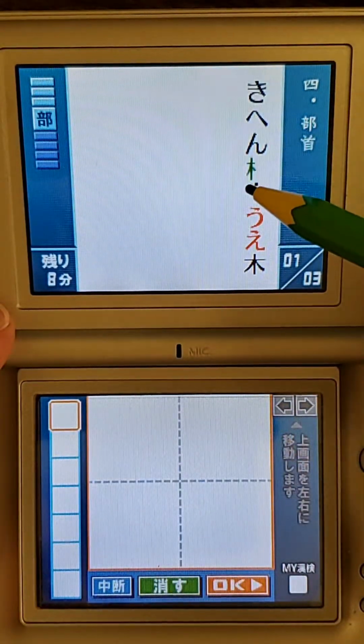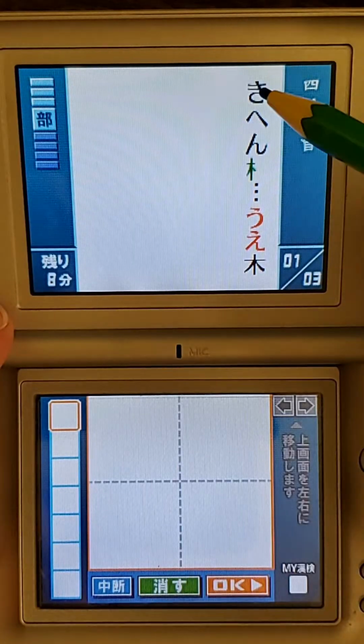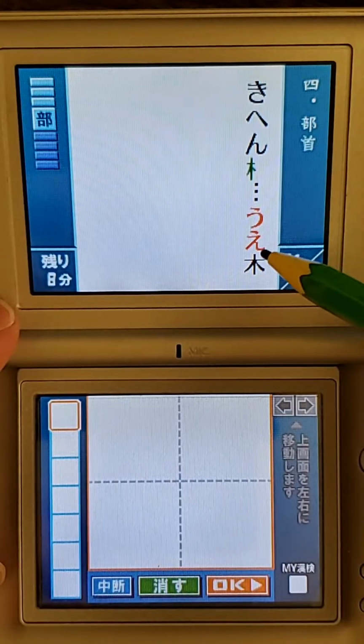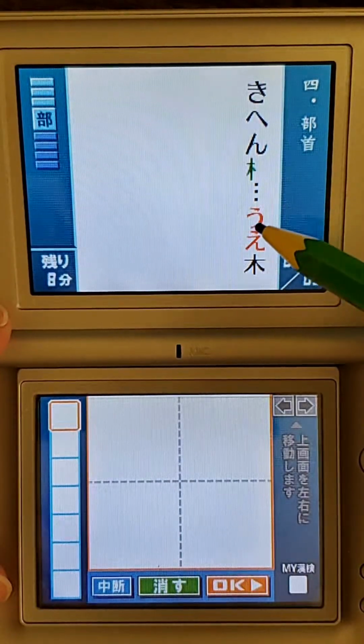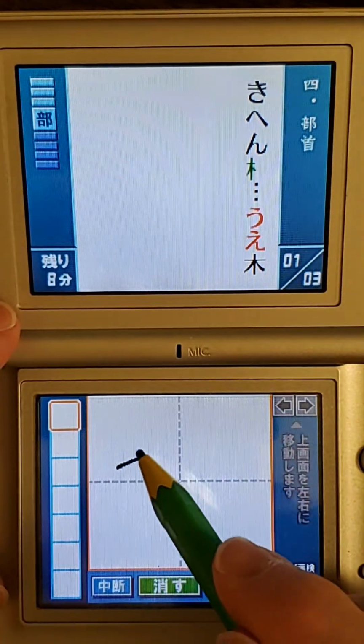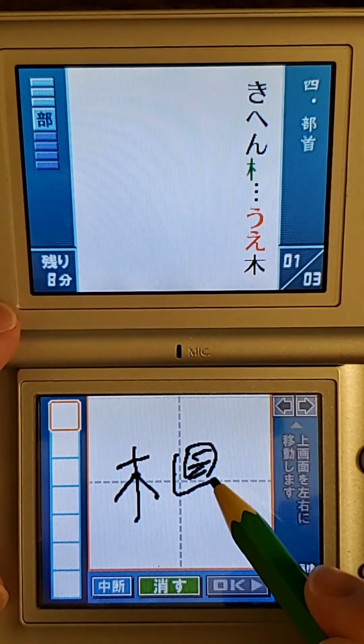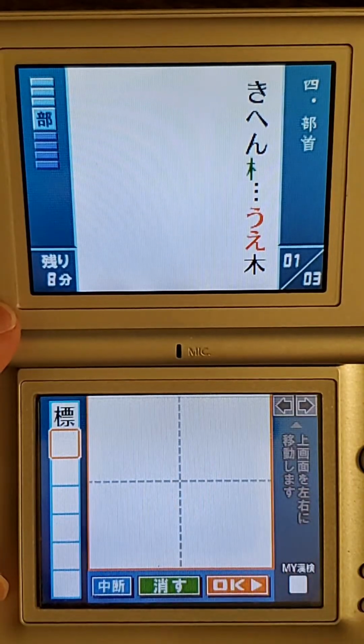Next one, so take this radical, ki, that's called kihen, and then ueki, uegi. So I gotta write ue with this radical, so no, that's not right.